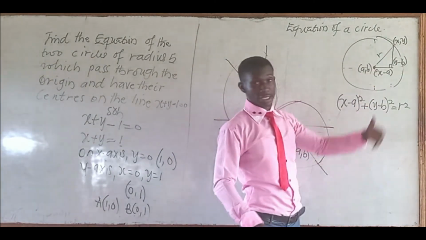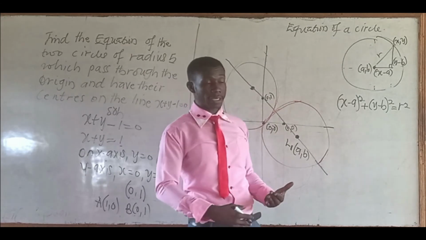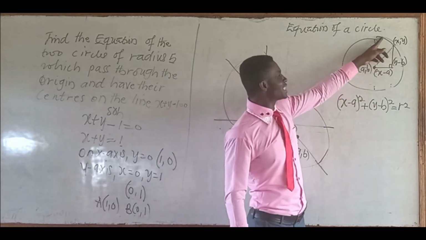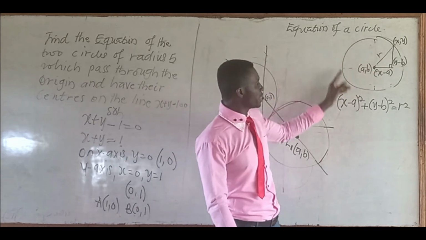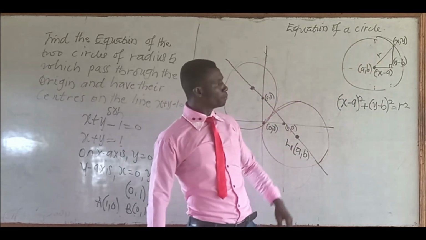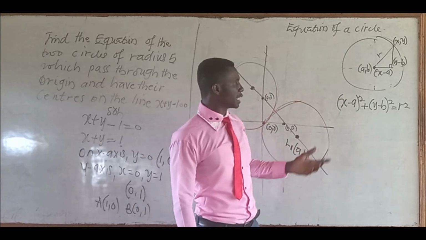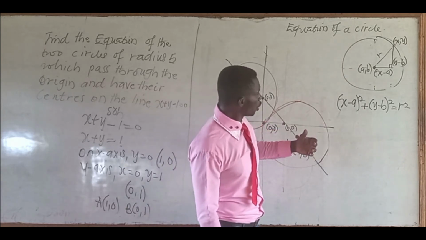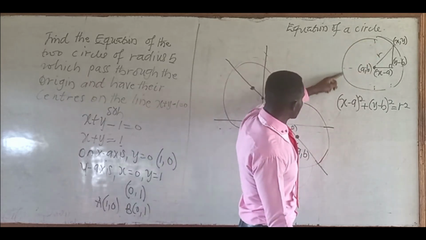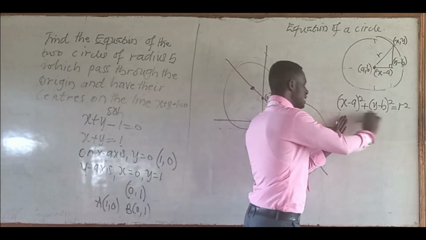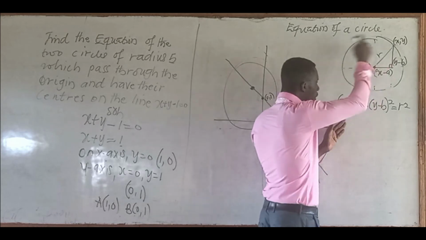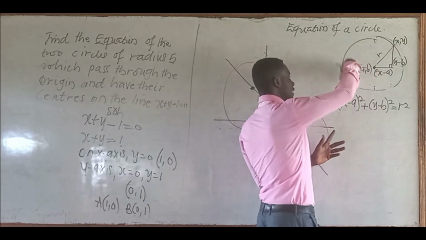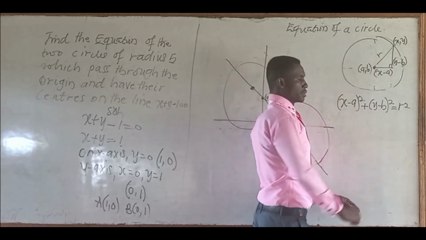It's not a fixed point. If it were a fixed point, I would have made it x1, y1, because the points here are infinitely many. No mathematician can determine all the points on the circle. So any point that lies on the circle must satisfy this standard equation of a circle.